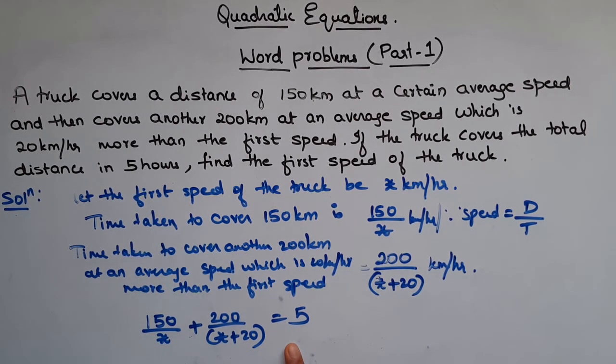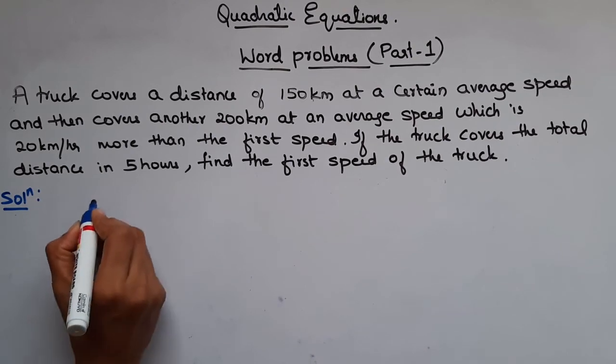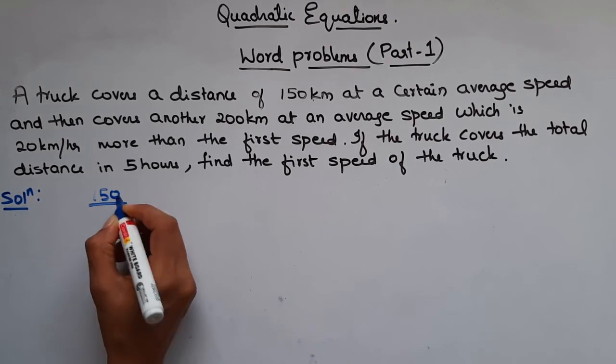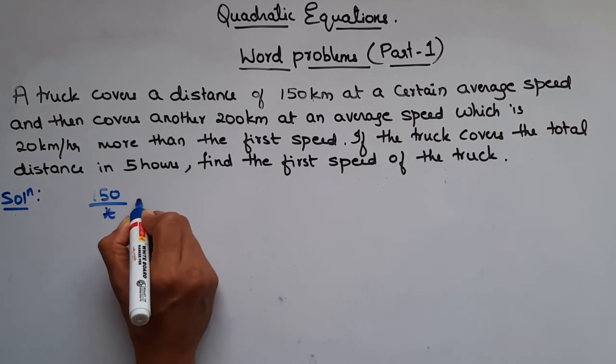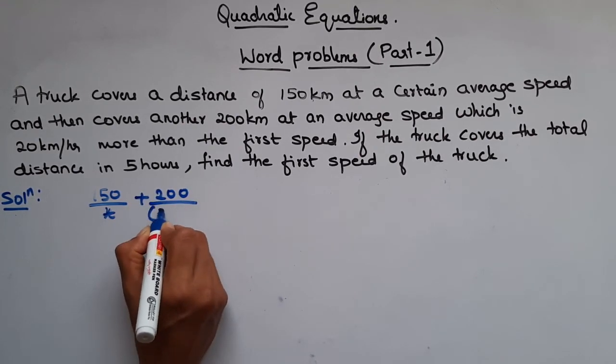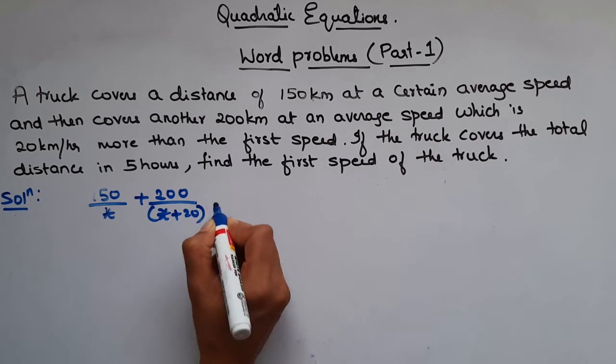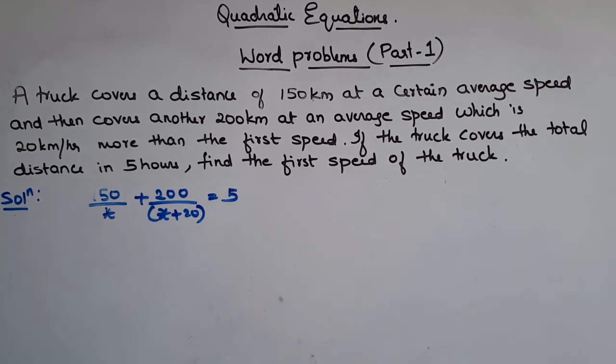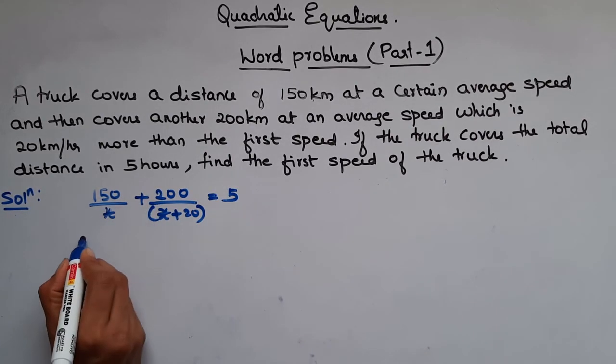So now we have to simplify this equation, but before that, pause the video and note this down. So we have 150 by x plus 200 by x plus 20, which is equal to 5, right? Okay, so now we will take 50 outside here.